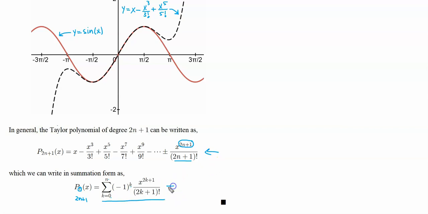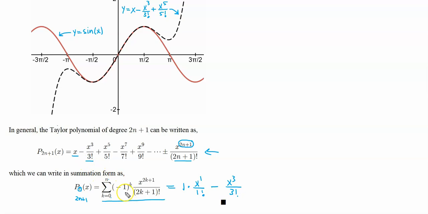Let's just notice that if you put 0 in here for k, negative 1 to the 0 is going to be 1, times, if we put 0 in for the k up here, we get x to the 1 power over 1 factorial. Okay, so that's going to give you this x right here. Then if we put 1 in for the k, we get negative 1 to the 1, that's going to be negative. X to the 2 times 1 plus 1, that's going to be x cubed, divided by 2 times 1 plus 1 is 3 factorial. Okay, so you see how we get that term.